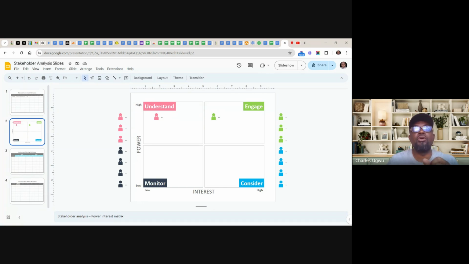These are external stakeholders with high power. This is what I'm trying to tell you: we have stakeholders that have high power, but low interest. They don't care about your project. That's what we mean by low interest.